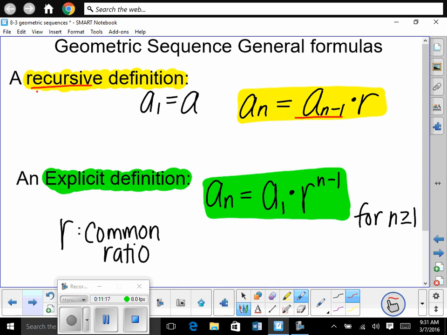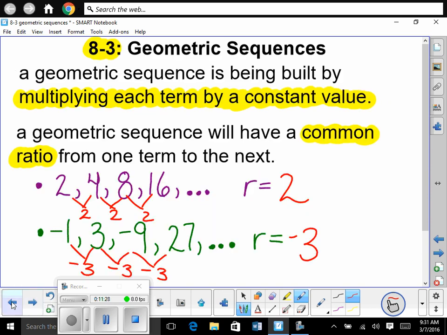A recursive definition is always written in terms of the previous term. So you'll take the previous term and multiply by the common ratio. Which makes sense, right? Like in these ones, if we were to write our own formula, it'd be pretty easy: previous term times 2. Previous term times 2. Does everybody understand that? Okay?